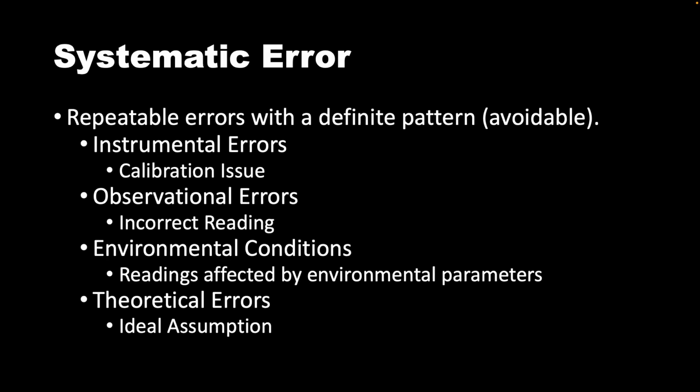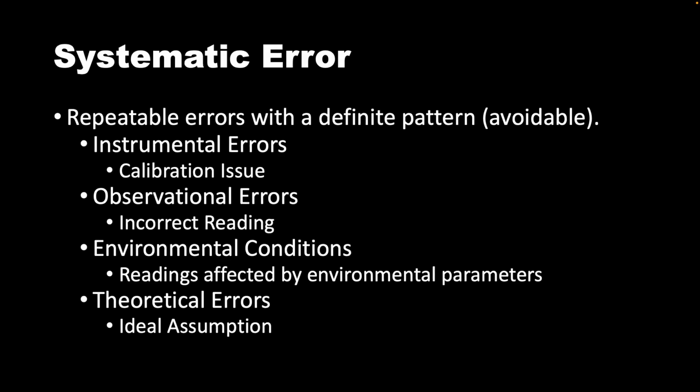So obviously the amount of force would be less in the calculation as compared to the real case. That is a form of theoretical error. All these errors can be avoided by either changing the instrument or rectifying it, and they have a certain pattern. That's why they are known as systematic errors.